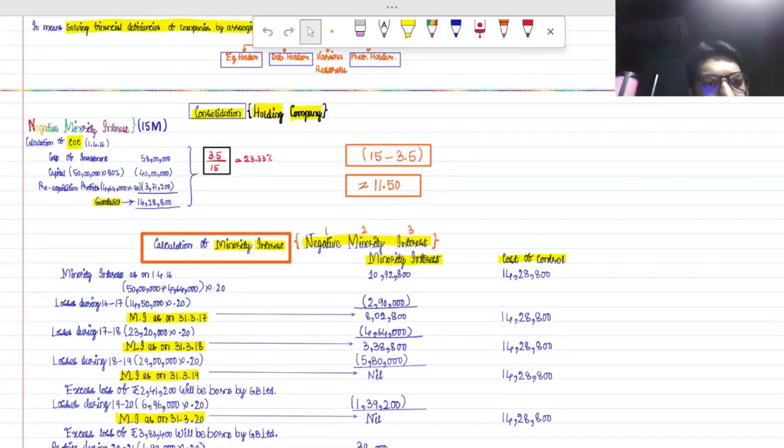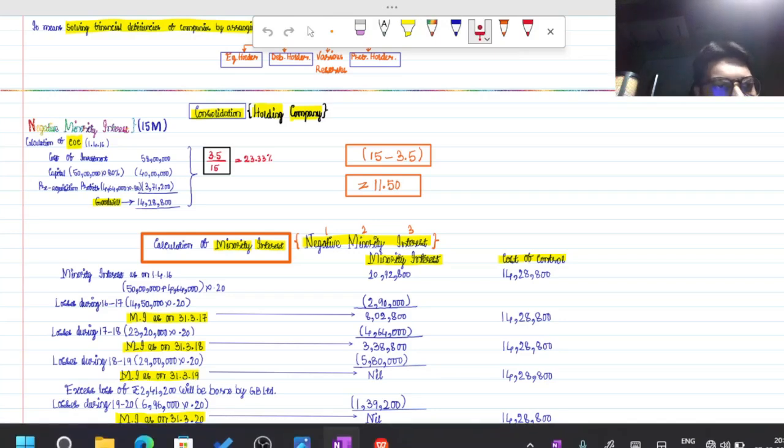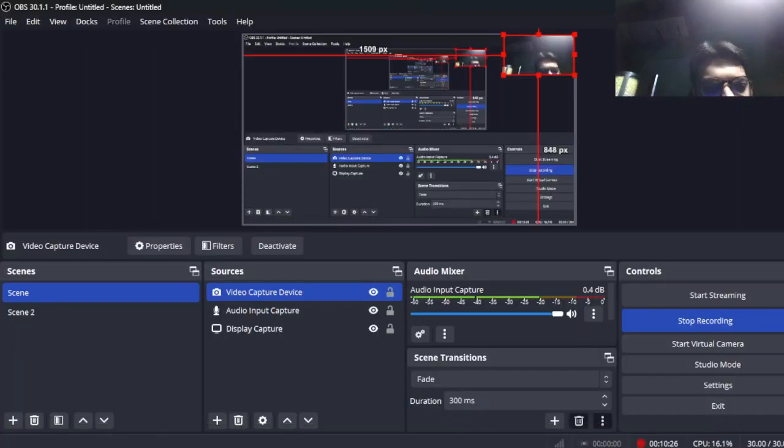Now we are going to see the solution of consolidation, meaning questions from holding company. This is a question from the concept of negative minority interest.